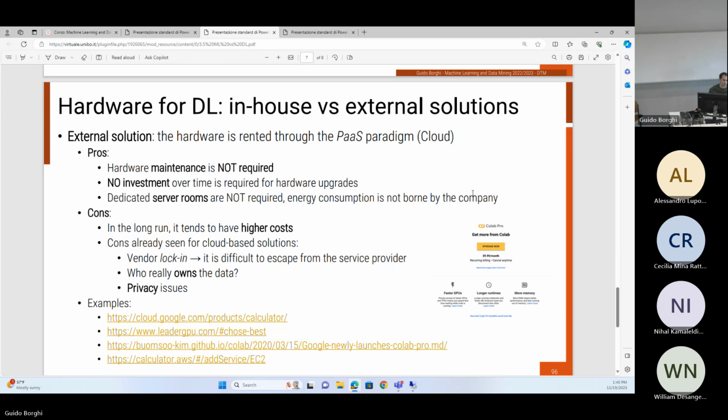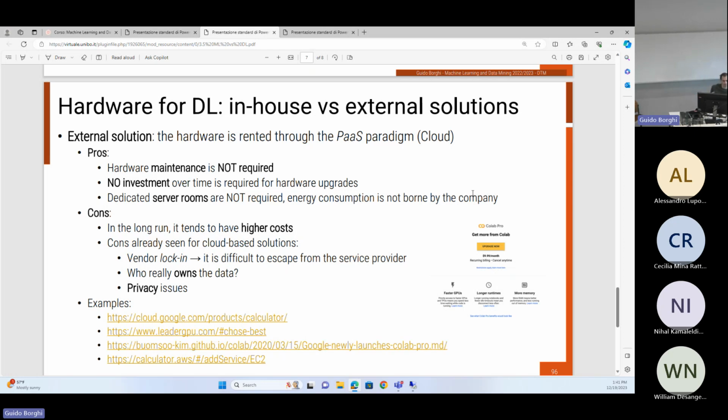We have also some cons with this solution. In the long run, we tend to have higher costs since we need to rent the hardware, so we have to pay to obtain it. And then we have some cons related to the cloud-based solution. For example, the vendor lock-in: it is difficult to change the service provider. If we start our research activity with Google, it's not so easy to transfer all the data, all the models, all the technology to, for example, Microsoft.